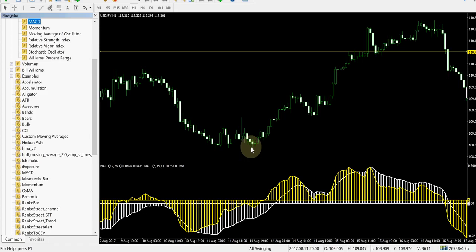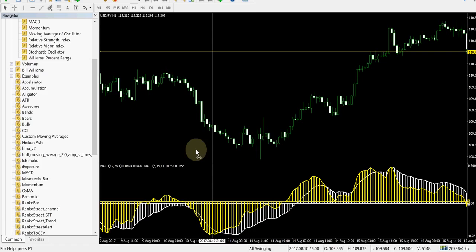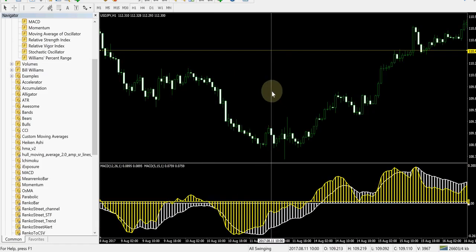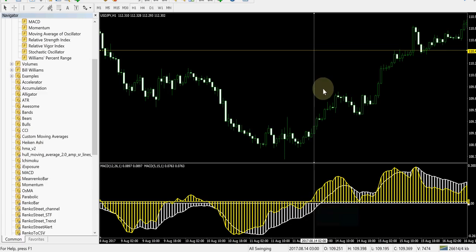We can start anywhere on this chart. Let me put a line here, so let's start from here. We see that the MACD has crossed above here, so that's a trend signal. It crossed above, and we see that the smaller MACD has crossed above the zero line, and the big MACD is pointing upward.